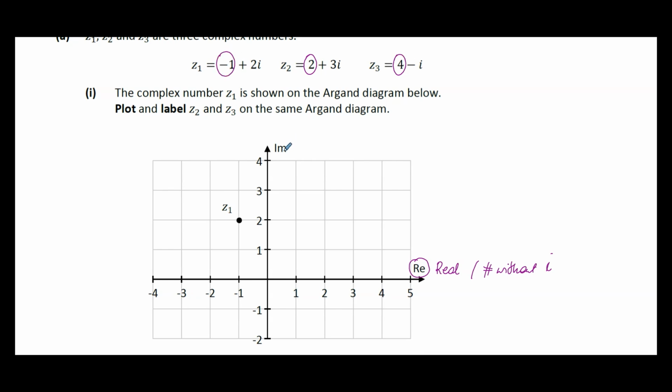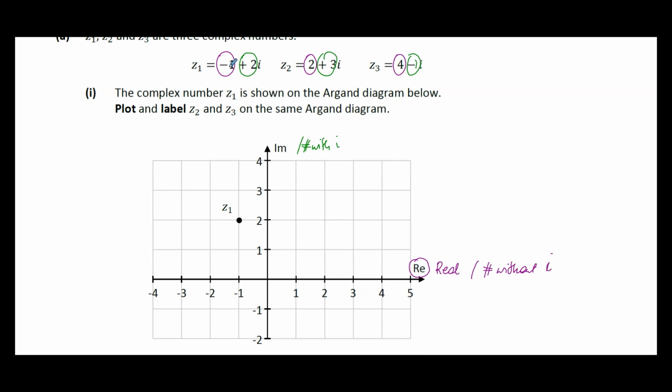And then here you have Im, and that stands for imaginary, so a number with i. Actually, that is the number that stands beside i. So it is +2, +3, and here it is -1, because when we don't have a number beside the letter, we have 1 there or -1.